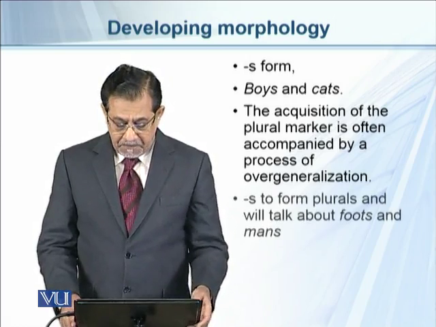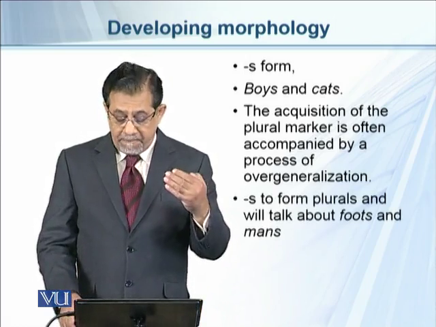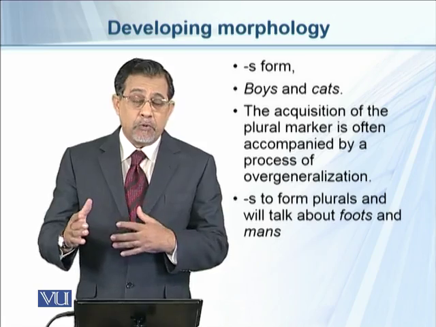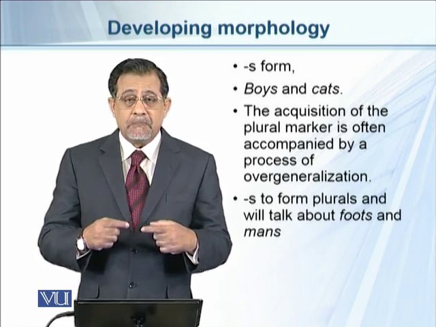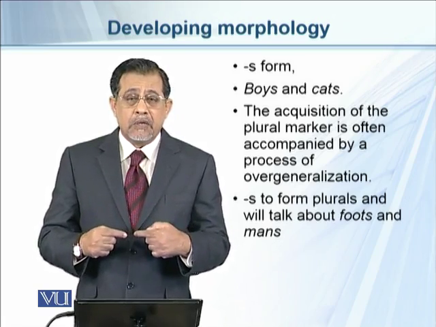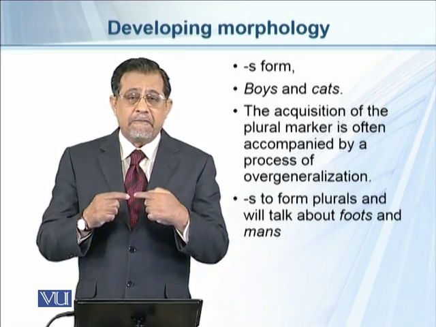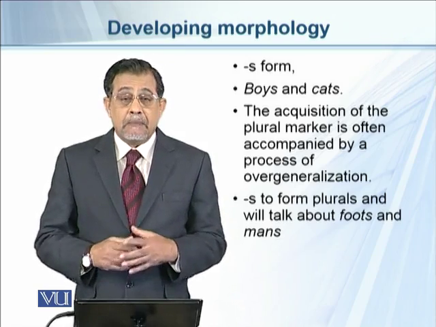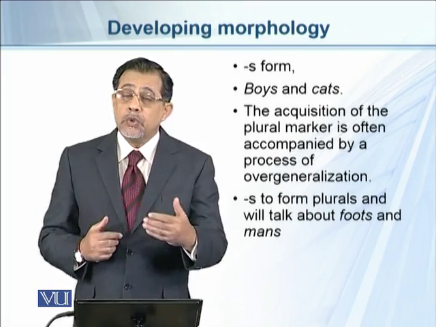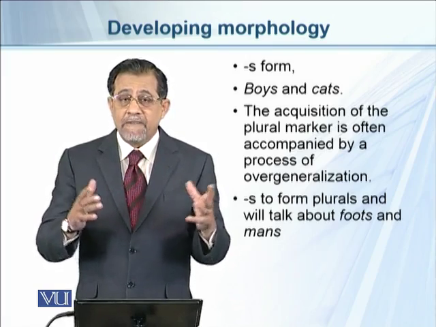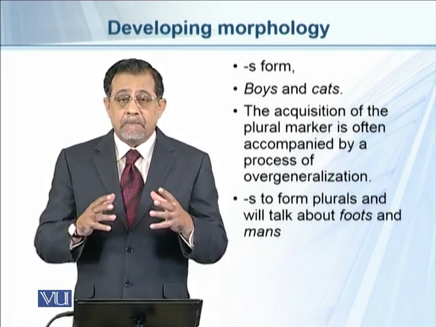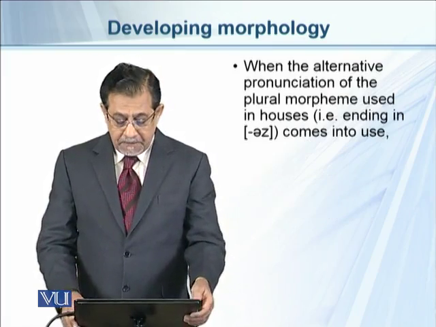For example, we see that foot is made plural with the internal change of the vowel sound and is feet, and similarly man, men. But the child uses s, so this is overgeneralization of the plural marker by the child.